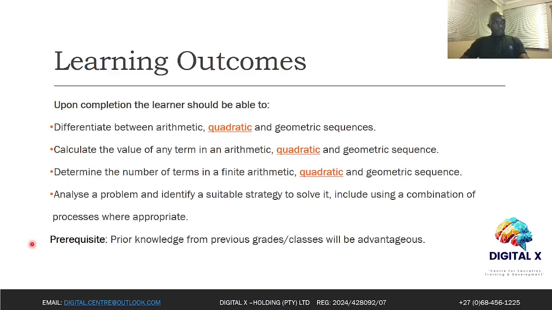And this is just a prerequisite: prior knowledge from previous grades or classes will be to your advantage.